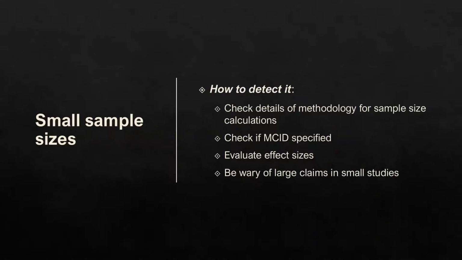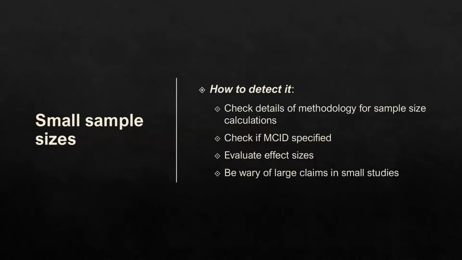Hopefully these are reported along with something called the MCID, which is the minimal clinically important difference. In medical stats, we use clinical importance as a benchmark for saying that there is an important difference between the groups.